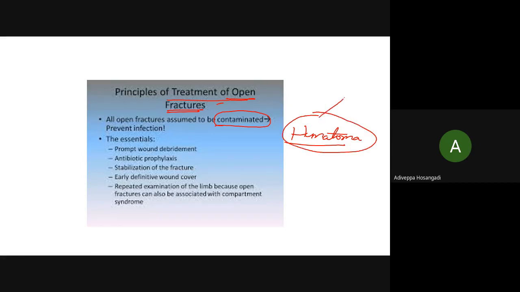In open fracture there is always a delayed healing because the hematoma gets drained out completely and is disrupted.